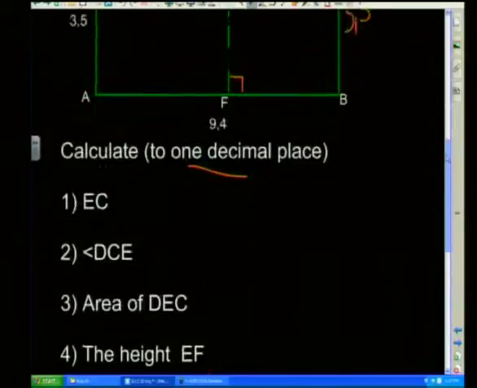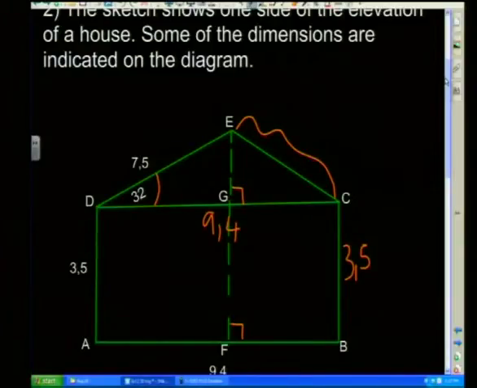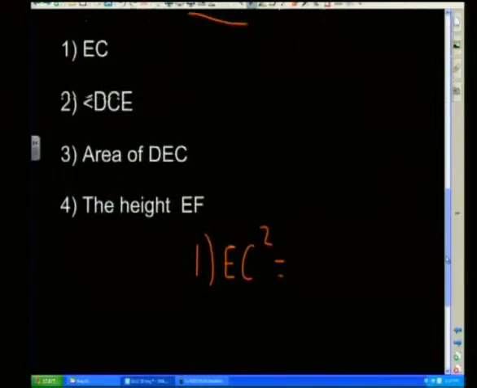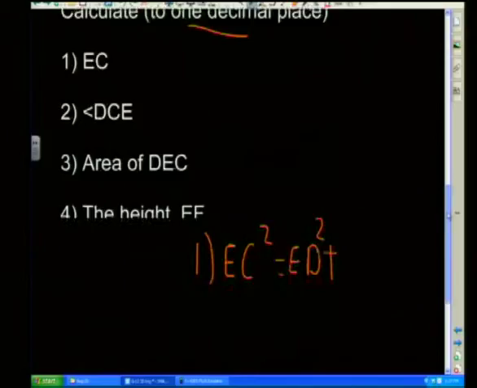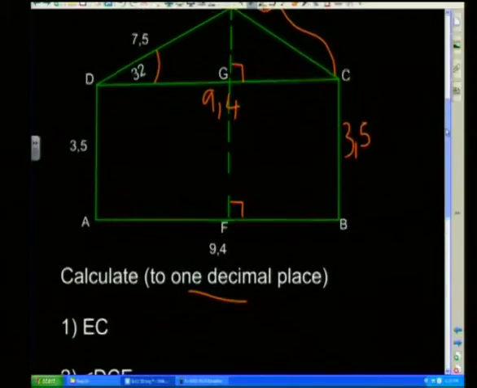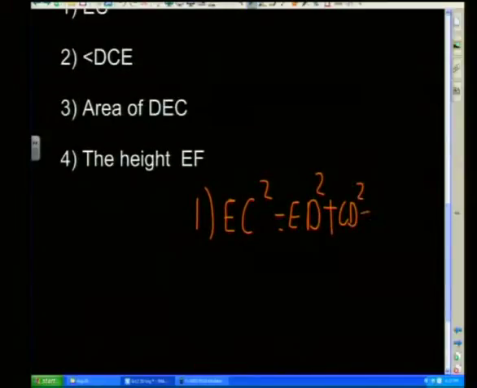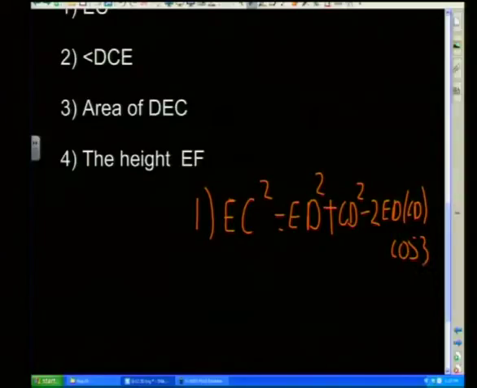EC squared using the cos rule is equal to DE squared plus CD squared, minus 2 times DE times DC, times cos of your included angle, which is 32 degrees.